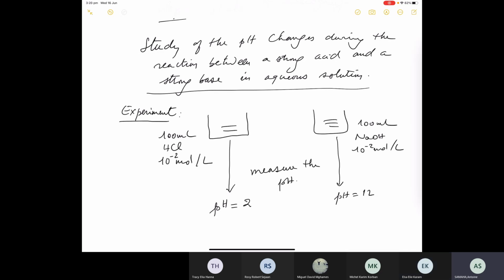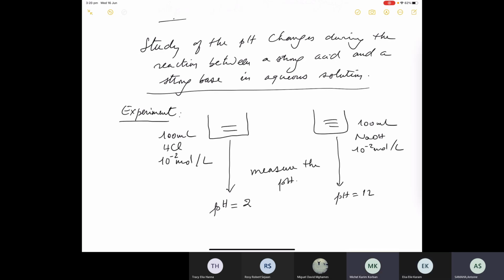We have not yet seen the acid and the base together. Now the question is how the pH changes when we mix an acid and a base in aqueous solution at the same time. What did I do? I took 100 milliliters of each solution, and the two solutions have the same molar concentration.